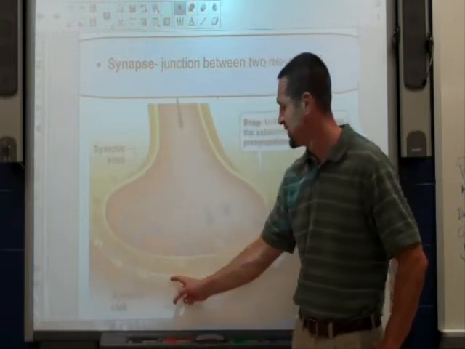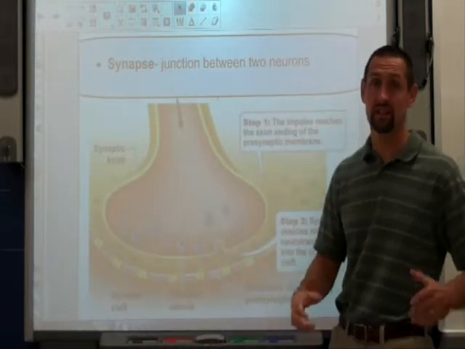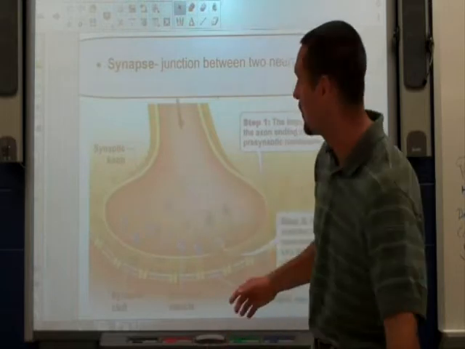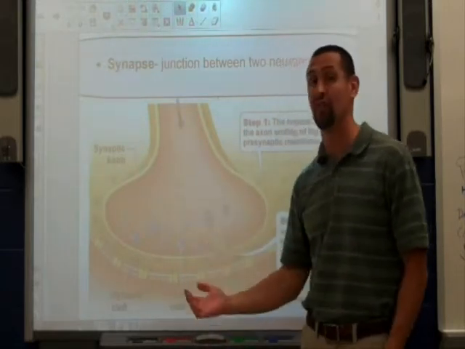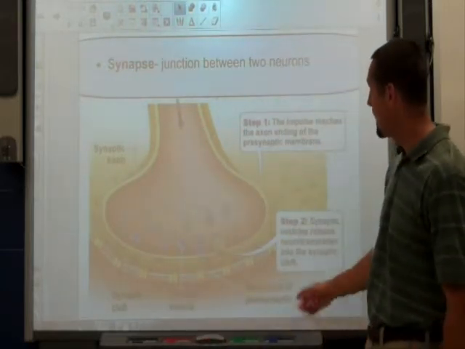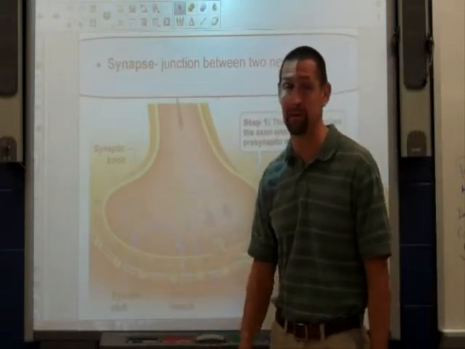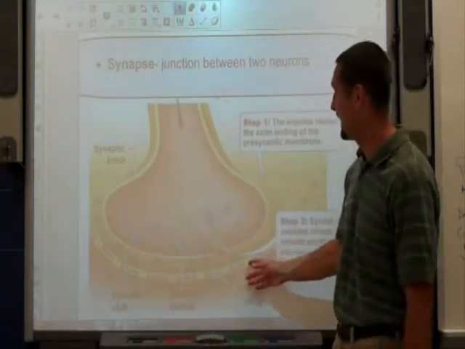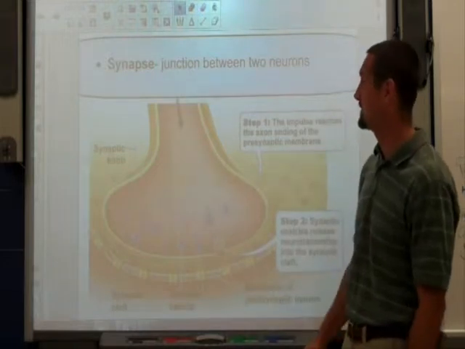So you can see these channels right here ready to collect that neurotransmitter, and then that'll cause that impulse to travel along that nerve cell. This happens to be a muscle cell, it would cause that muscle to contract, or if it happens to be a gland, it would cause that gland to secrete something.